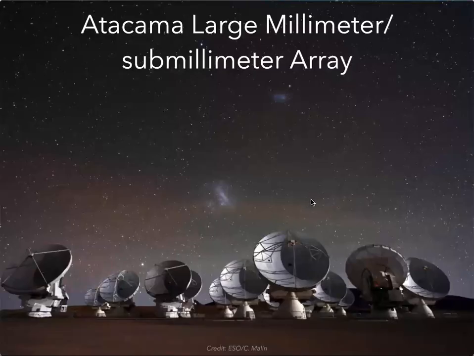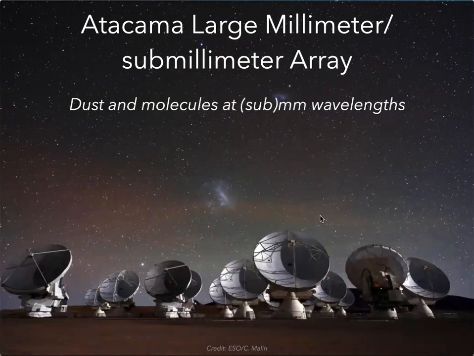To do these types of observations and measurements, we use this wonderful telescope, the Atacama Large Millimeter Submillimeter Array. This is an interferometer that operates at millimeter wavelengths, or around 300 gigahertz if frequency is more your thing. ALMA is an array of 66 dishes, and we can use that as one big giant telescope, which allows us to get down to the resolution that we need to probe the dust distribution in the planet forming regions around other stars.